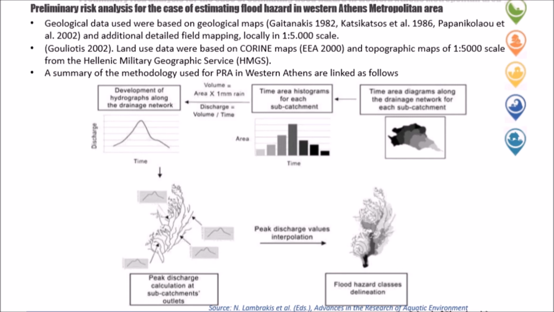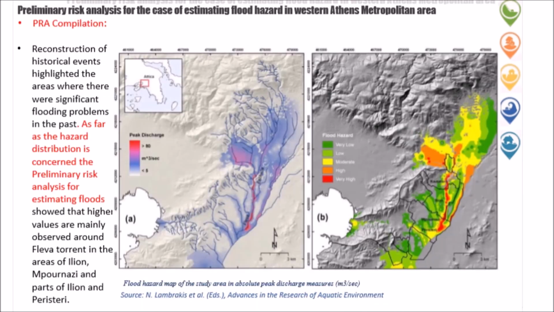Thus, the development of hydrographs along the drainage network. If we look at the steps in these figures, the time area diagrams along the drainage network for each subcatchment were worked out, which led to the time area histograms for each subcatchment, and based on that the hydrographs along the drainage network were developed.